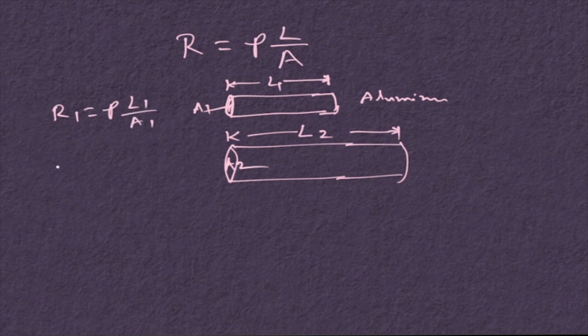In this case R2 will be equal to rho L2 by A2. In both these cases the resistivity is the same because they are made of aluminum. You can simply put the length, the area of cross section and the resistivity in the formula, and we can get the value of resistance.